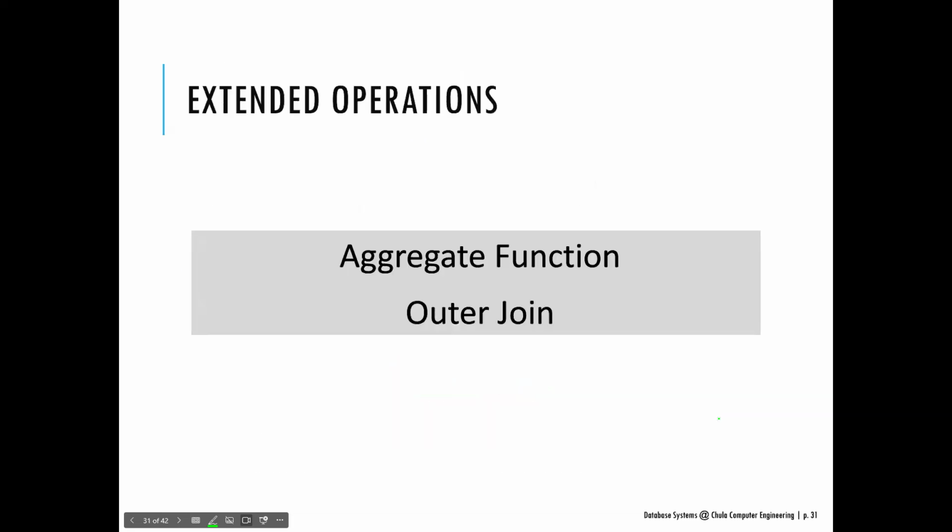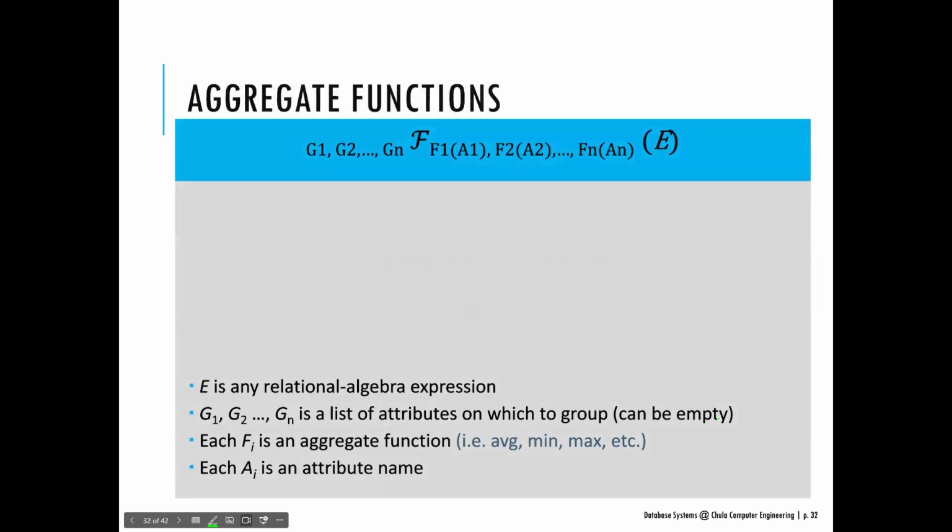Now, there are some other operations that will be quite useful as well. They are grouped as aggregate functions and outer joins. When you use the aggregate function, we'll use the F script. This is F script as function, right? In F script, you say this is expression E, whatever it is, like R minus S, R divided by S, cross product and so on.